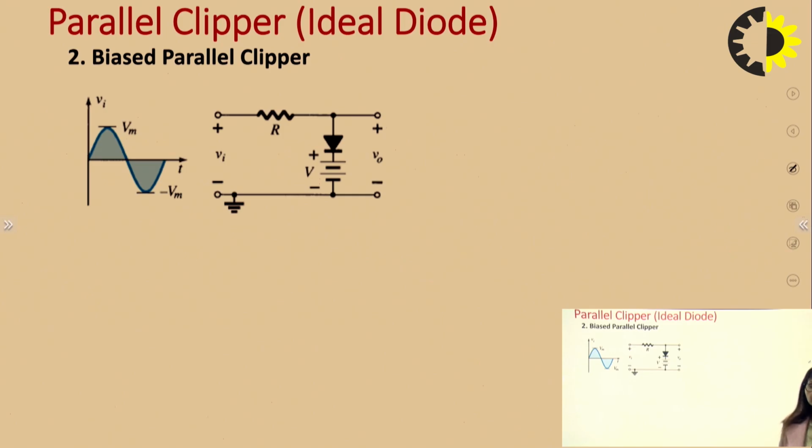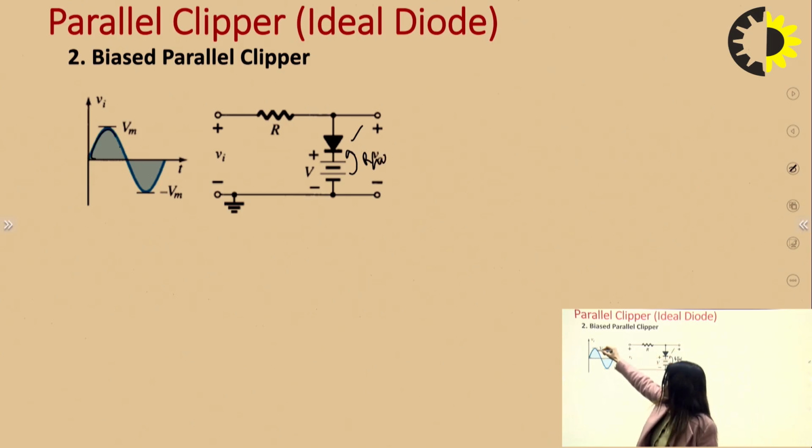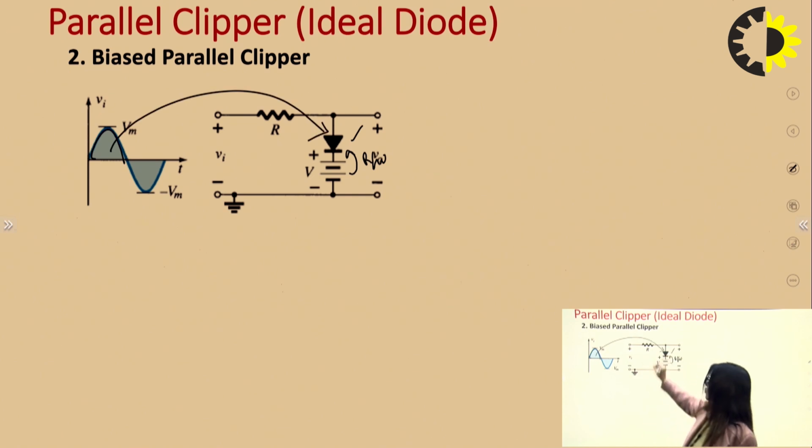One more question we will do here. So we have just the example of a biased parallel clipper. Here this diode is being reverse biased by this particular voltage, and this is making it forward.